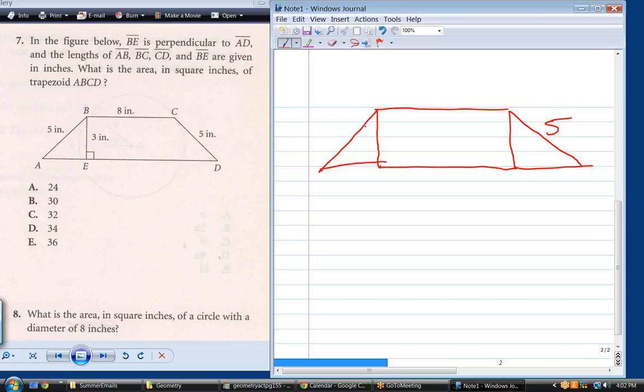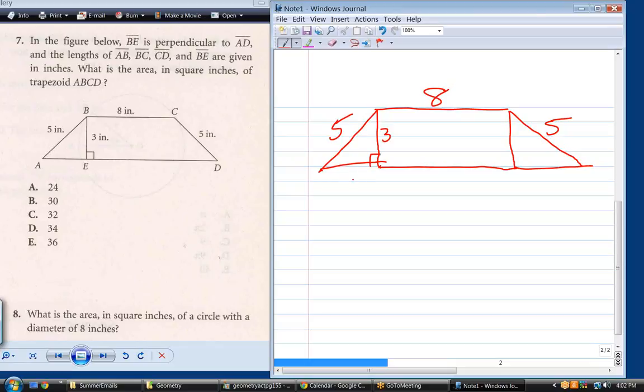Because that side's 5 and that side's 5, I know these 2 triangles are similar. Okay? This side's 8. And this side's 3. And this is a right angle.